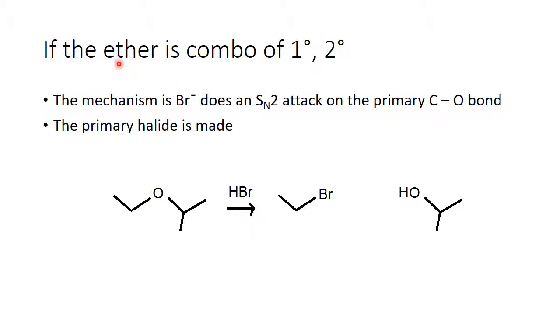So if the ether is a combination of primary and secondary carbons, here's an example. This one's primary, and this one is secondary. The mechanism is going to be SN2, so this part becomes the alcohol, and this part becomes the halide. Why? Because this carbon is less hindered.